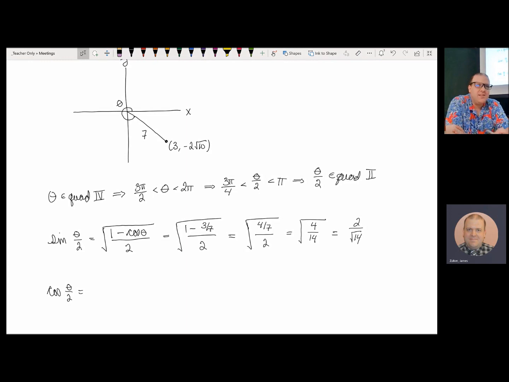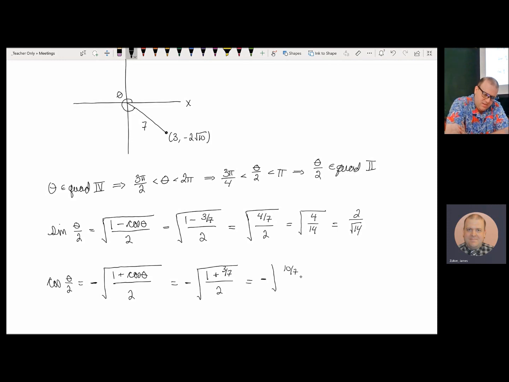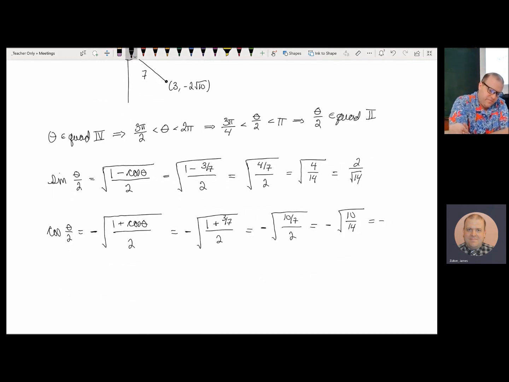Cosine in quadrant 2 is negative. Negative root 5/7.